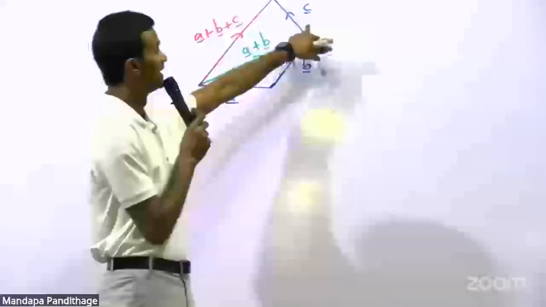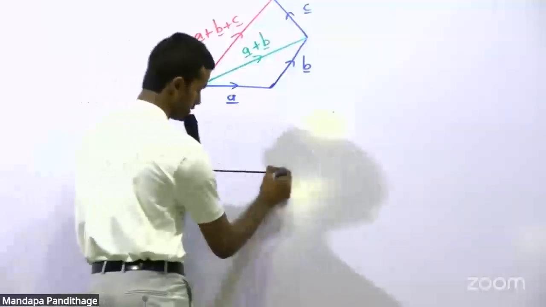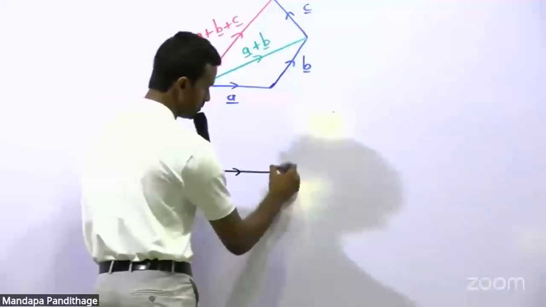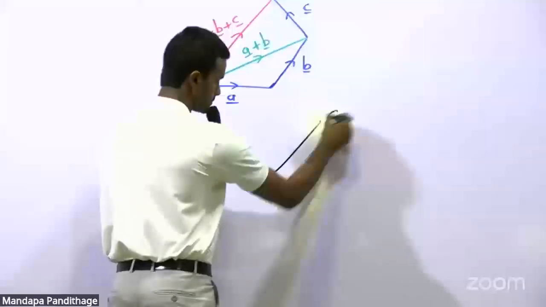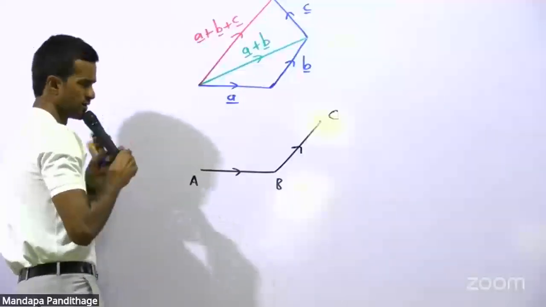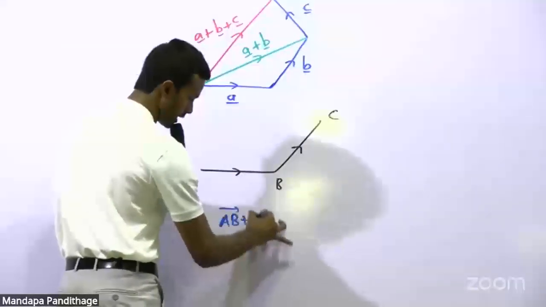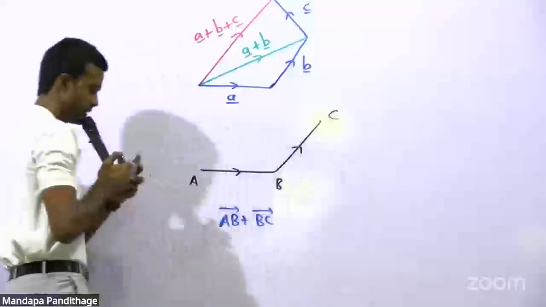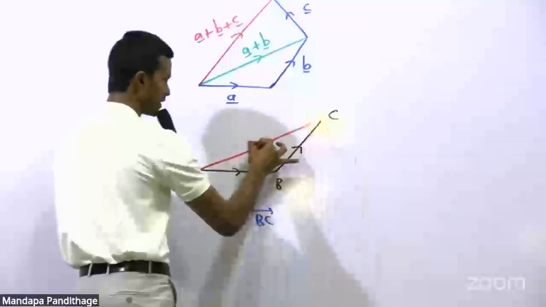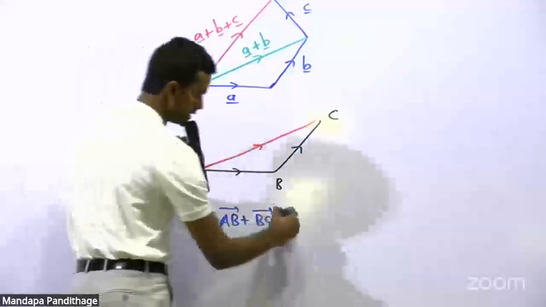So this is how we denote a vector addition in an algebraic way. Let's say we have vector AB and then vector BC. So it's clear that we are considering the addition of AB plus BC. And I know AB plus BC, the vectors, is equal to this vector, which means it's equal to vector AC.